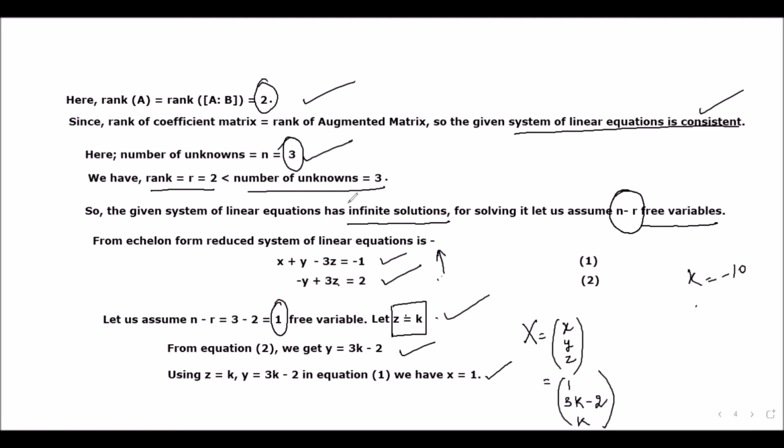Here, it is a case of infinite solutions. So we assumed n minus r free variables; here n minus r is 1, so we assumed one free variable. By back substitution, we evaluated y, and then we evaluated x. And this is the required solution, where k belongs to R, k is any real number.